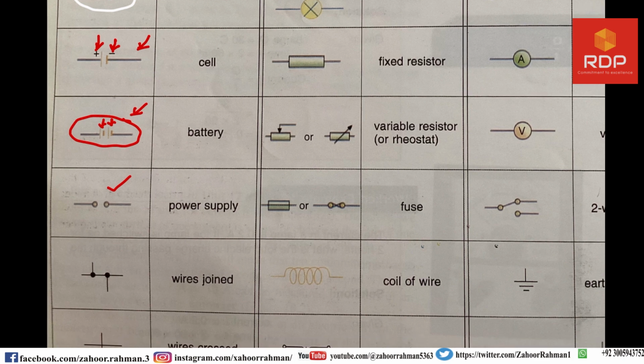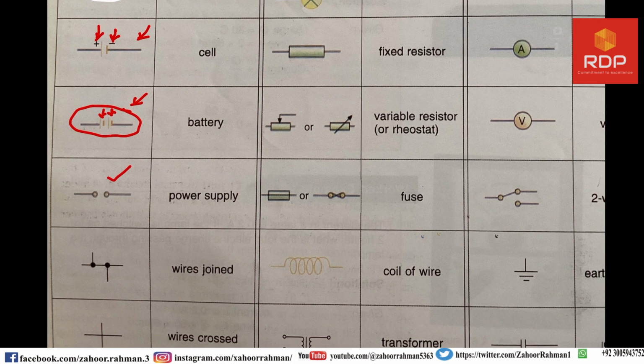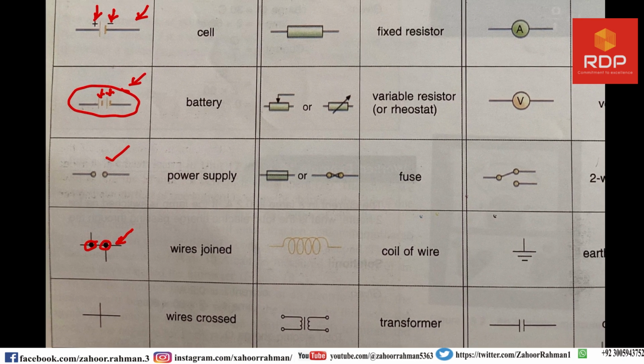Now if you are taking a joint, a junction from a wire to a bulb or to any electric device, then this symbol is used, because this is the main wire and this dot is showing that you are taking a joint from it. Okay, the next symbol is very interesting.